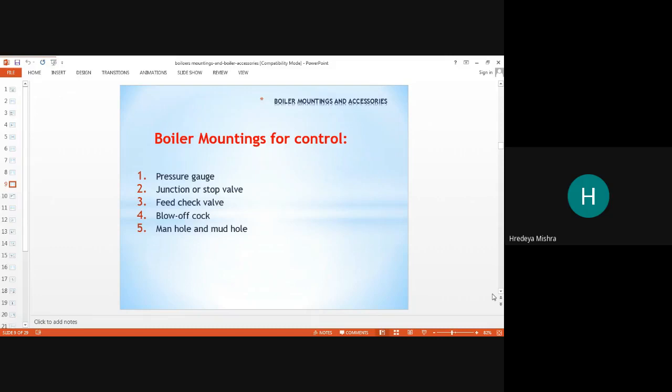Now, mountings for control. The previous mountings were for safety; these are for controls. Pressure gauge, junction or stop valve, feed check valve, blow off cock, manhole and mud hole. Okay, these are for controlling.